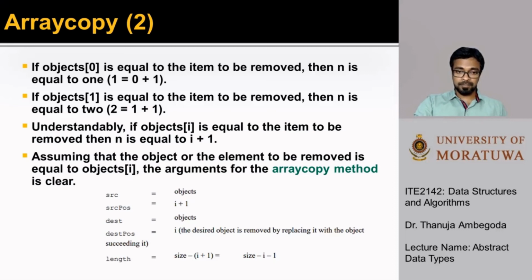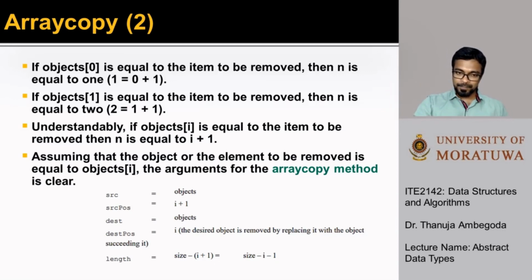The source is objects, and srcPos is I plus 1, because we are going to shift by 1, cutting everything above the current element, where the current element is deleted and the array shrinks by 1.